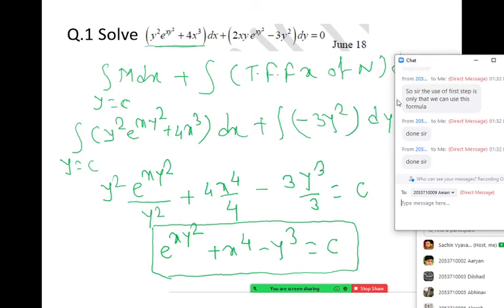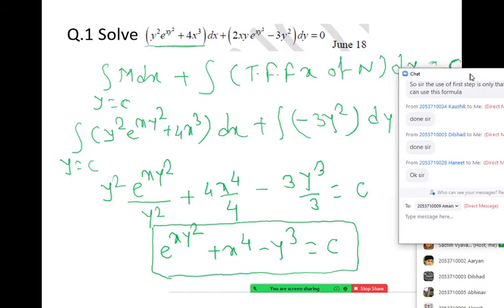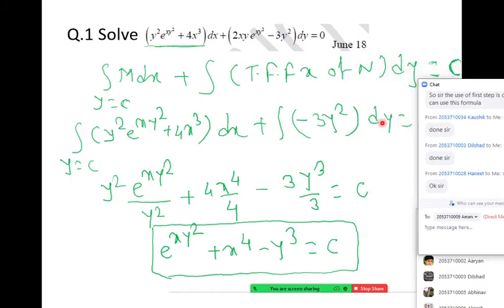Correct, Hanif, you are correct. So whatever we did in the first part, that is mainly to use this formula. If it is exact, then only we can use this formula for a solution.